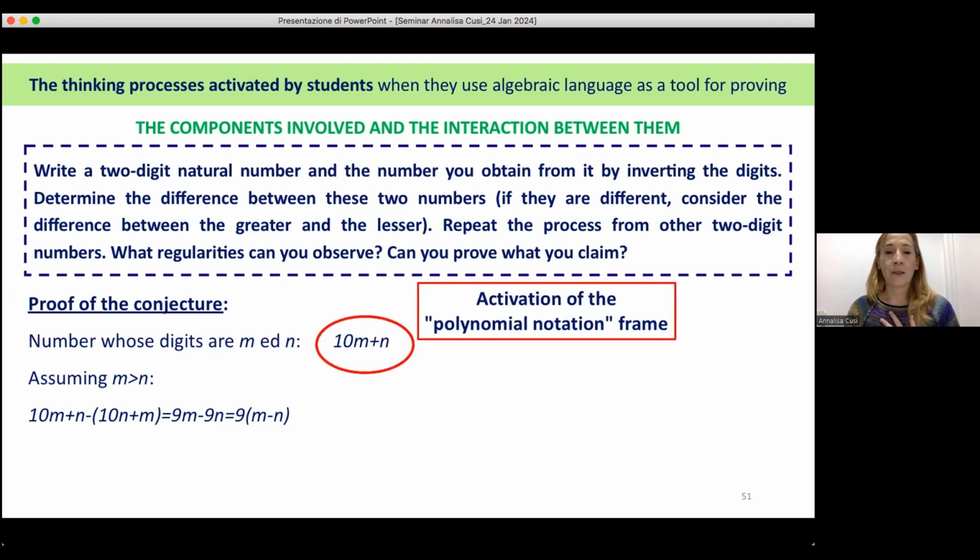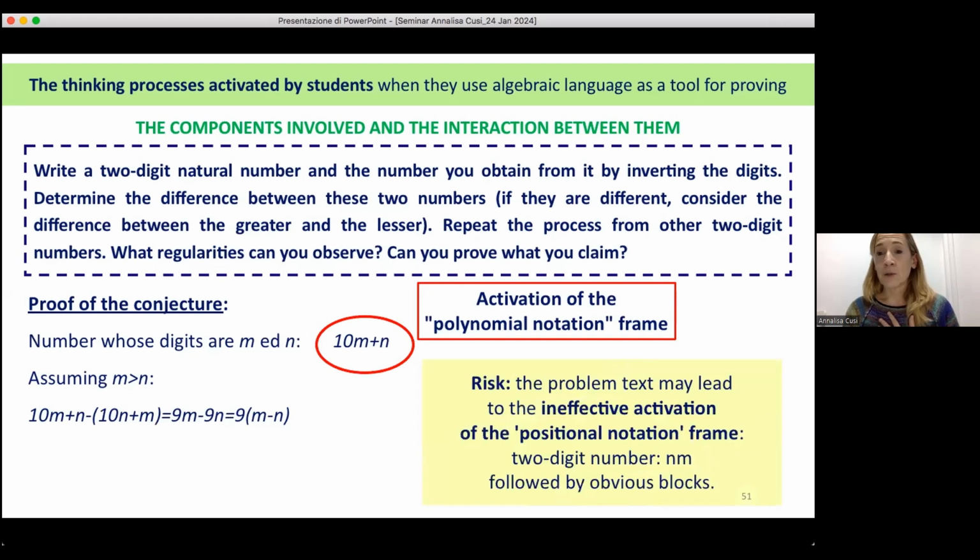First of all, there should be a correct activation of the polynomial notation frame to write this expression. The risk could be only to activate the positional notation frame. Some students wrote NM and then block. They were completely blocked.